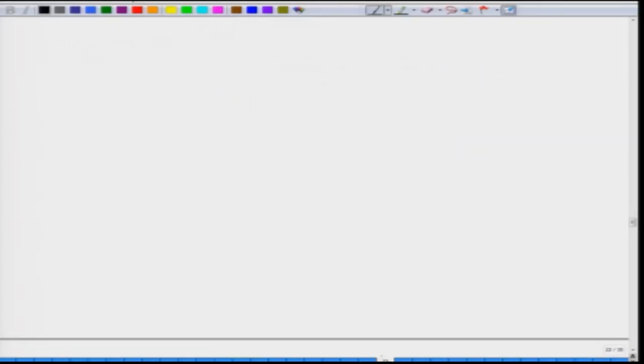Let us see the configuration using a static converter to recover slip power, and that we call a static Kramer drive. So, how is this static Kramer drive?